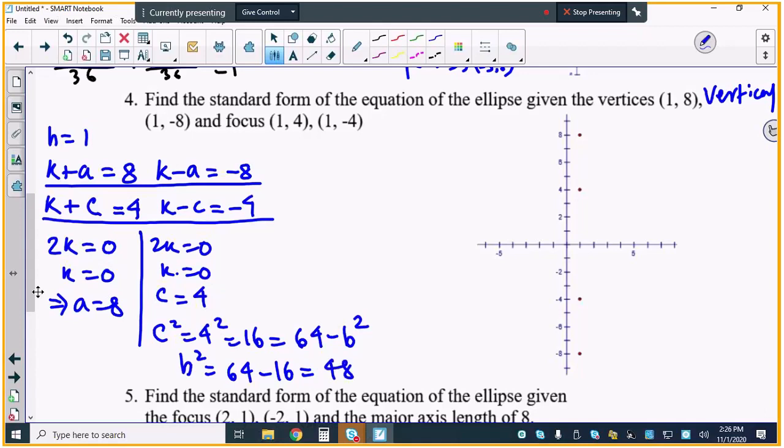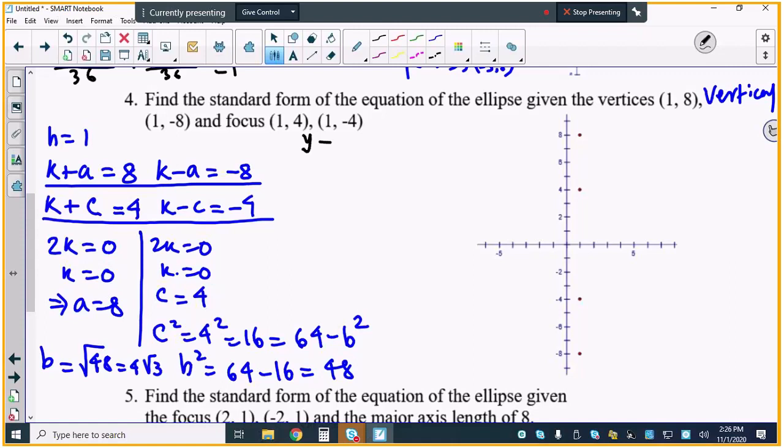So that tells me when I take the square root, b is going to be square root of 48, and you can at any point write it as 4 square root of 3. I wanted the standard form of the ellipse, so now I can say that the standard form of the ellipse is going to be, remember it has the vertical major axis, so y will have the bigger denominator.